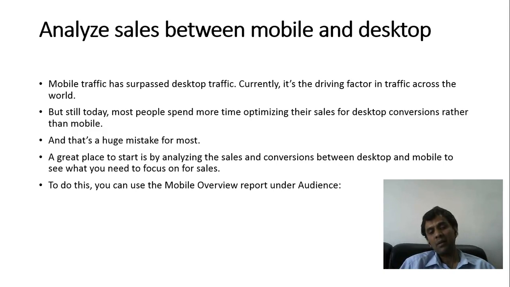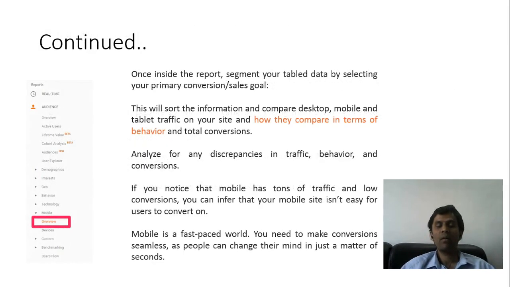To do this, you can use the Mobile Overview report under the Audience section. Once inside the report, segment your table data by selecting your primary conversion or sales goal. This will sort the information and compare desktop, mobile and tablet traffic on your website and how they compare in terms of behavior and total conversion.